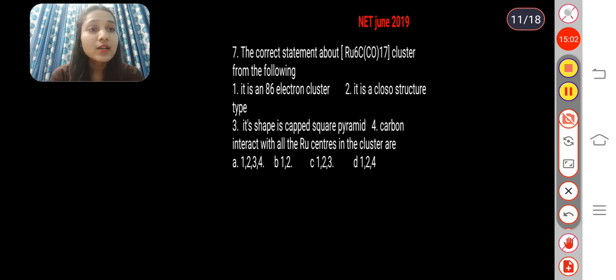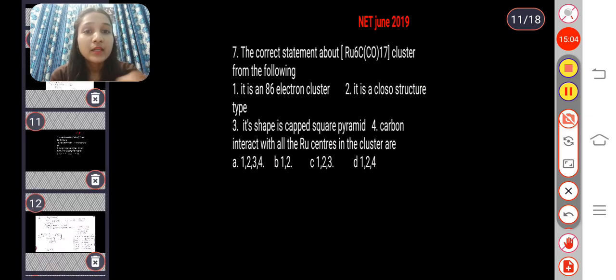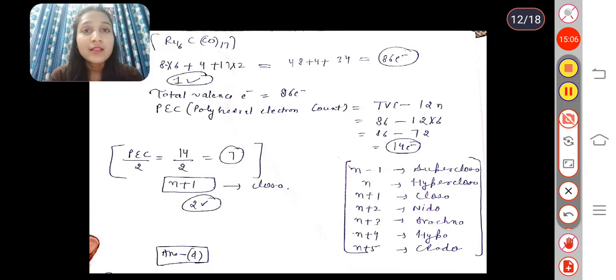Second is, it is a closo structure type. Now how can you calculate the structure type for these types of complexes? Here we have total valence electrons 86. Second thing is you have to calculate the polyhedron electron count, that is PEC, which is equal to total valence electrons minus 12n.